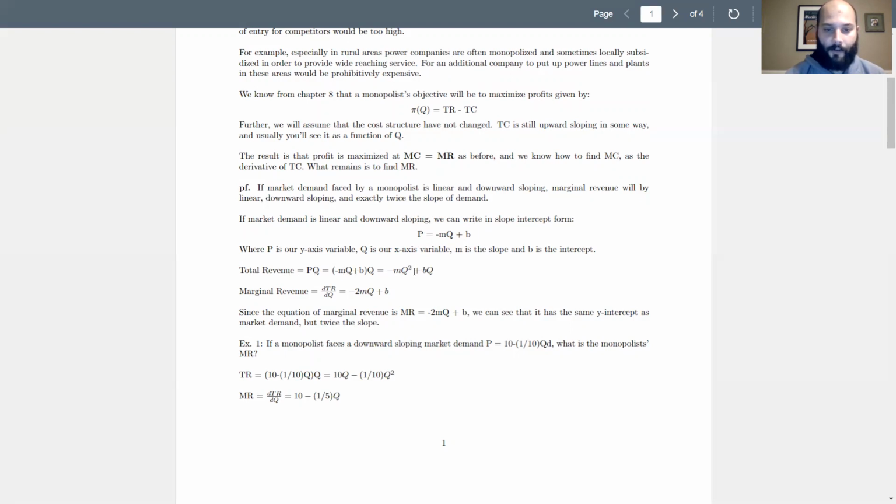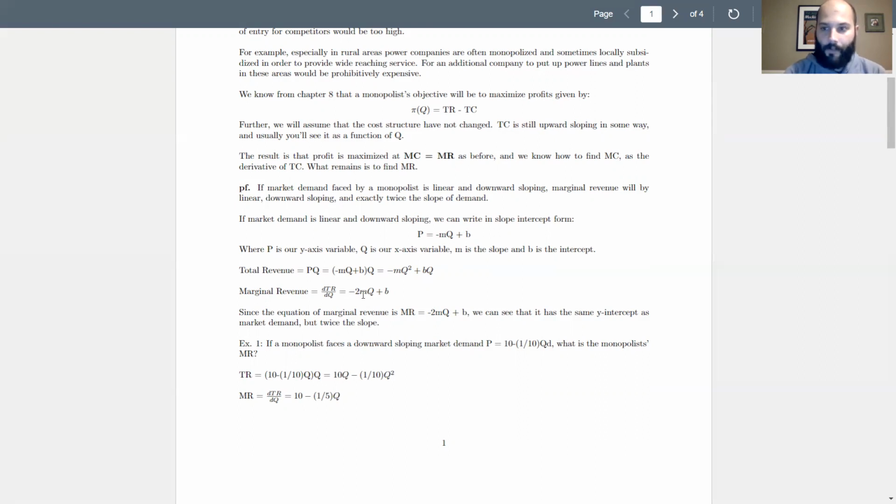And then if we take the derivative of total revenue with respect to Q to find marginal revenue, we get negative 2mQ, or negative 2 times the slope times Q, plus our y-intercept. So compared to our original market demand, we have the same y-intercept and 2 times the slope.